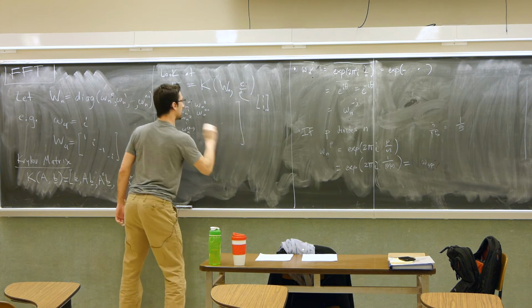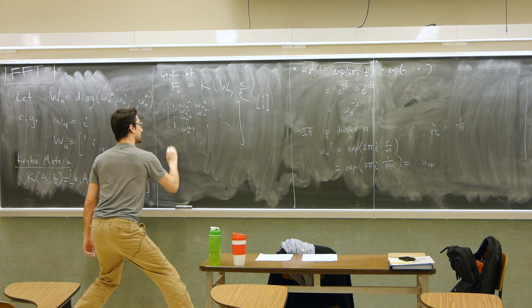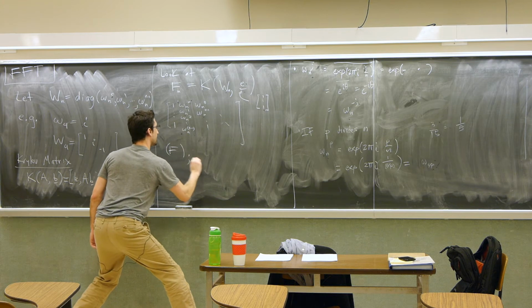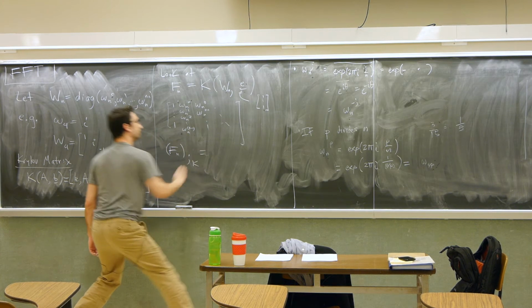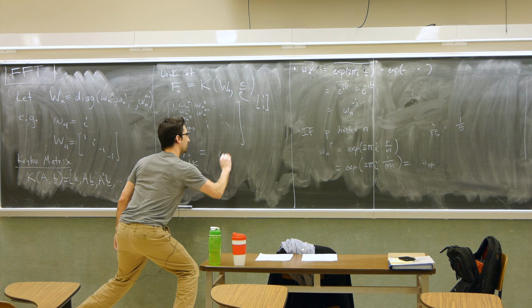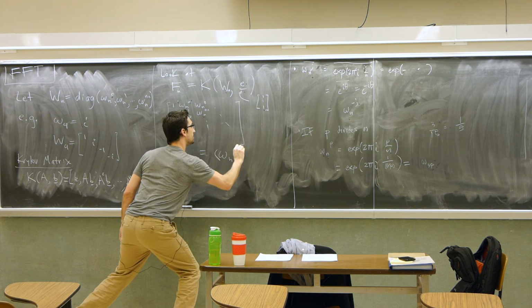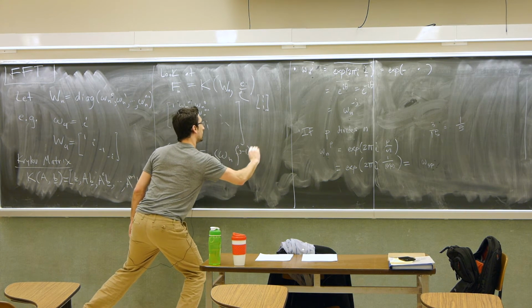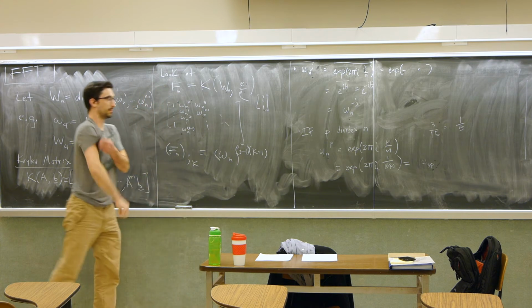And to make a long story short, really what this matrix looks like, if you take the jkth entry, it's the nth root of unity raised to the j minus 1th power times the k minus 1th power.